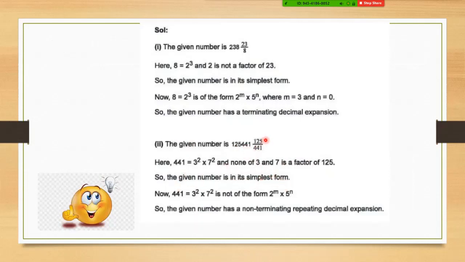Now how can you write 441? 3 square into 7 square. But I don't need 7 square, I don't need 3 square. I don't need anything to the power of 3 or 7. So what can I say? The given number is a non-terminating repeating decimal.